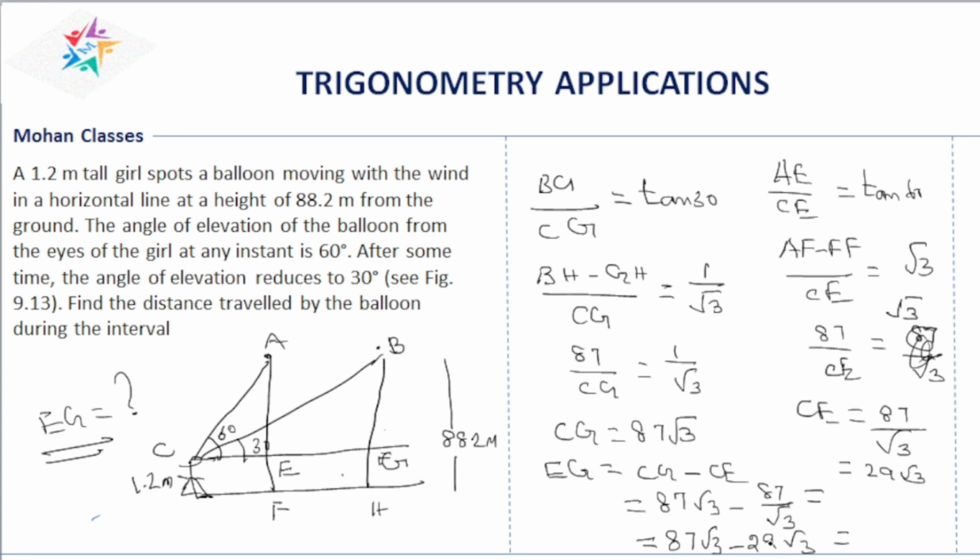The 87 by root 3 I have written it as 87 root 3 by 3. Root 3 I have multiplied up and down. So 87 divided by 3 you will get 29 root 3. So that is equal to what you will get? 58 root 3 meter. The distance the balloon moved from its previous position to the new position is 58 root 3 meter.